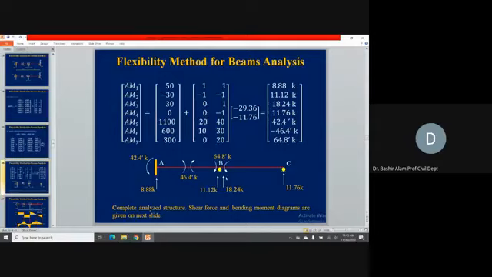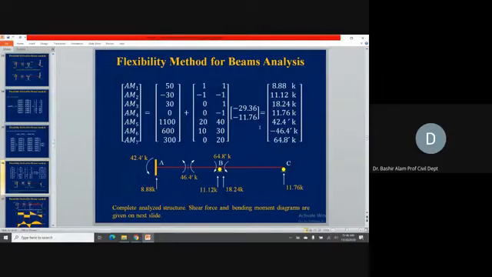Now, this is the completely analyzed structure. And if you add them up, look, this one, 11.12, shear to the left, shear to the right, this will become the reaction at the support, which was, I think, 30 point something. So this 29.36, how much is it coming? This 11, and this is 29, and it is coming exactly the same number, 29.36.